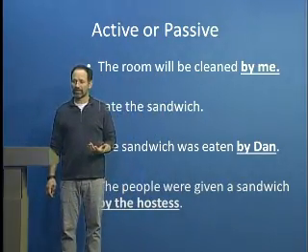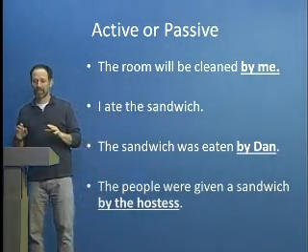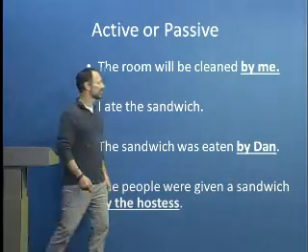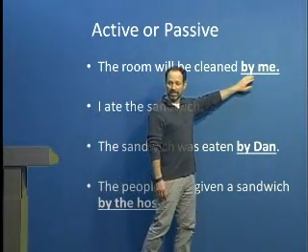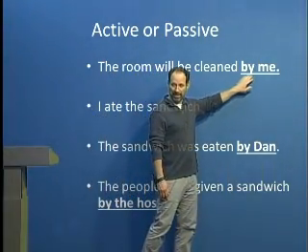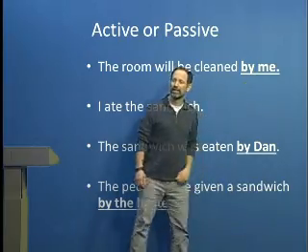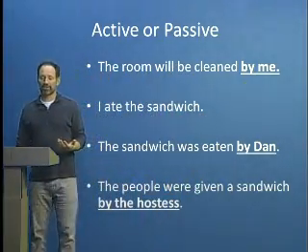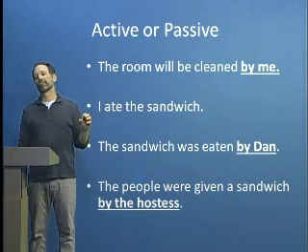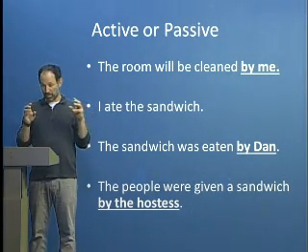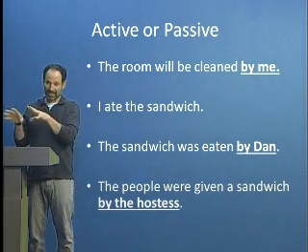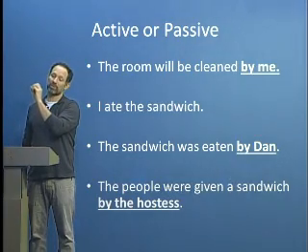The other thing I can look for sometimes, but not always, is a by phrase at the end of the sentence. By me. A lot of times for a passive sentence, we put the person who does the action of the verb at the end of the sentence with by.